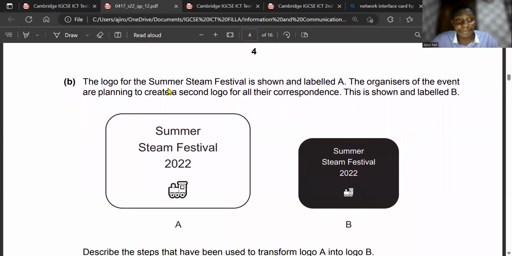Okay, we have a B part. So let's look at the B part and then we close.